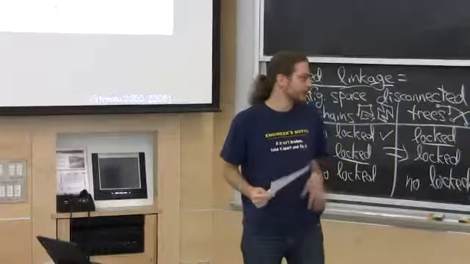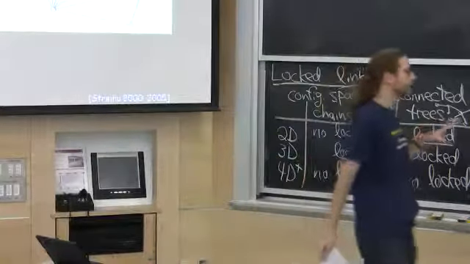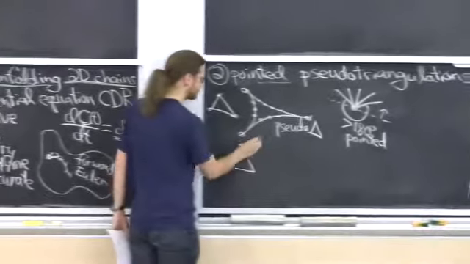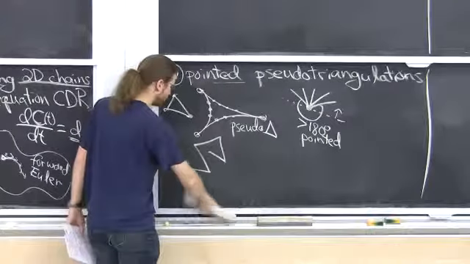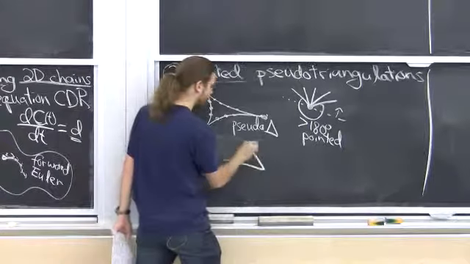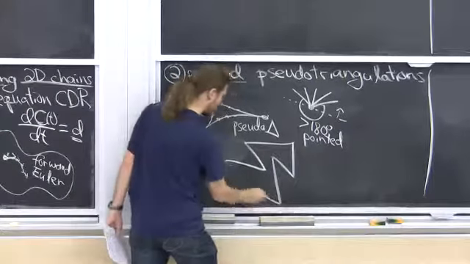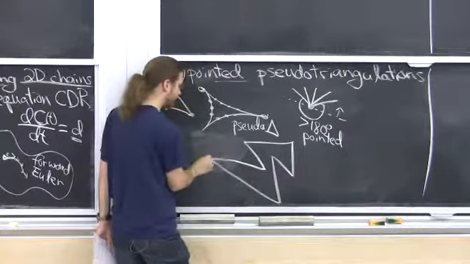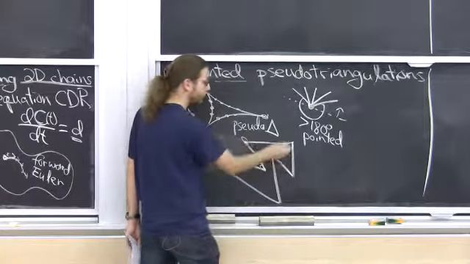So I guess the first thing to say is that if you have, say, a polygon, maybe I should do a real example, so I'll make it not so giant. Okay, you take a polygon. So far it's pointed, right?